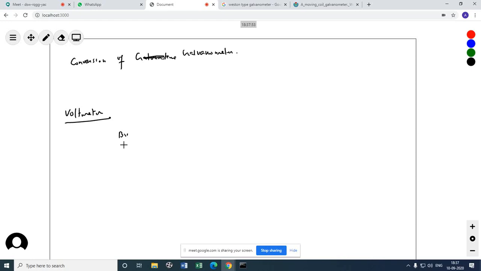By connecting a very large resistance in series with a galvanometer, it can be converted into a voltmeter.